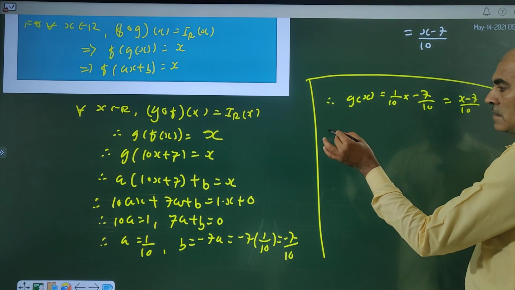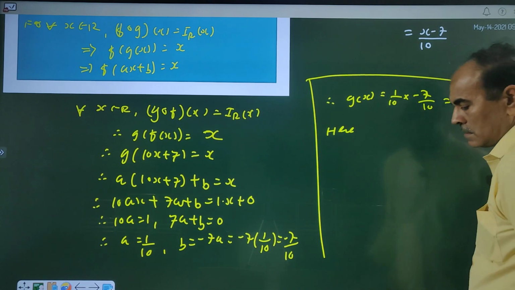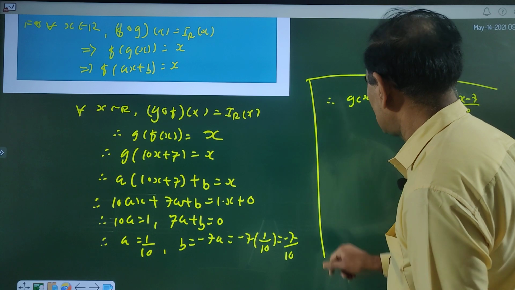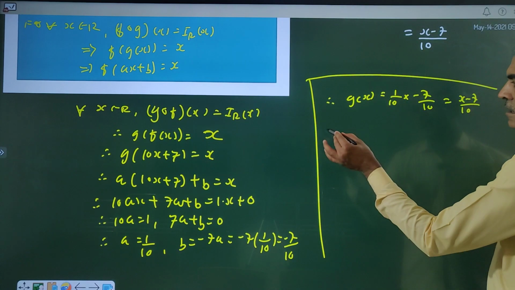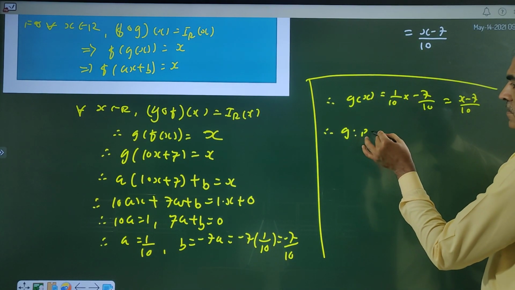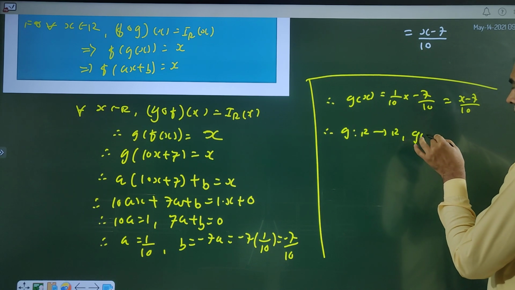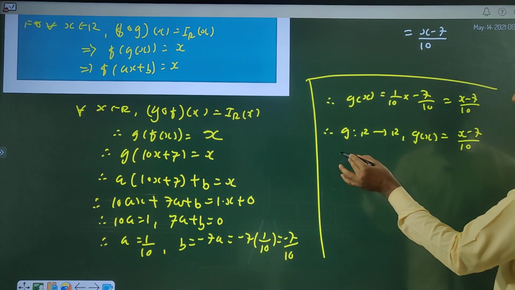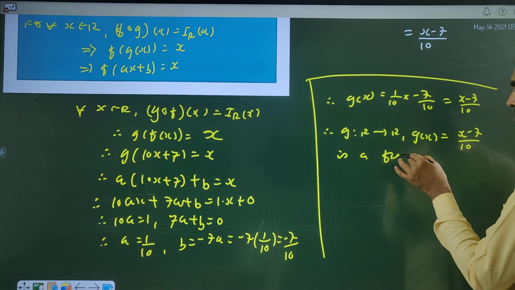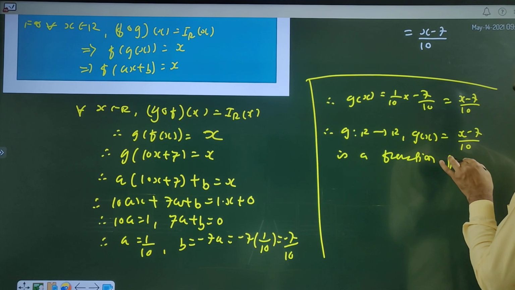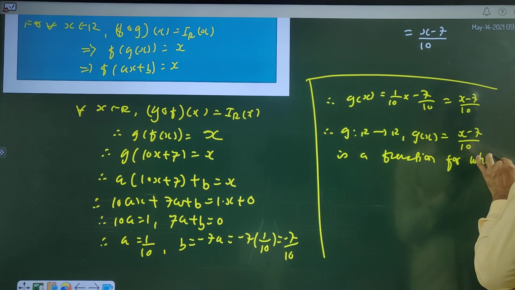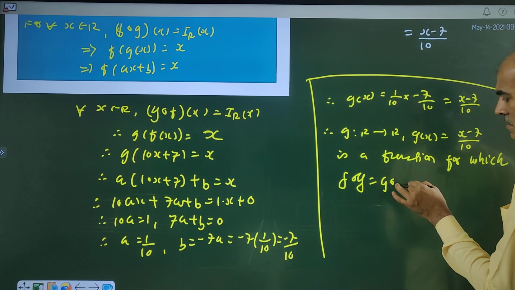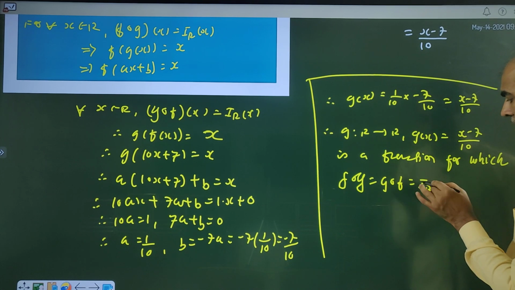Therefore g from R to R, g of x is equal to x minus 7 by 10, is a function for which f of g is equal to g of f is equal to I_R.